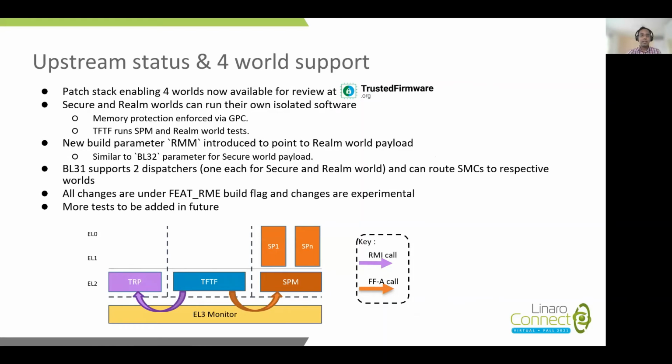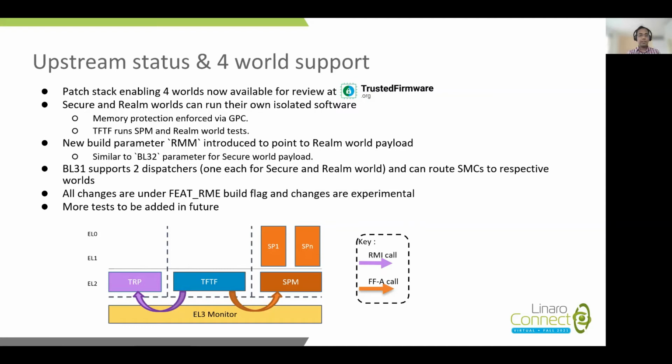Next, I will discuss the upstream status and four-world support. So we have pushed a patch stack enabling four-world support on tf.org. It's available for review. Utilizing this patch stack, we are able to run secure and realm world software stacks, each having their own isolated software.